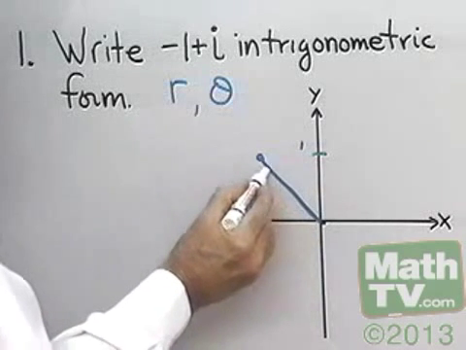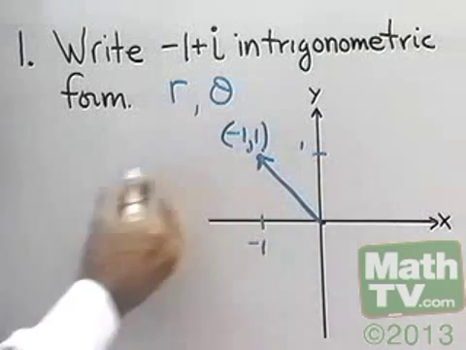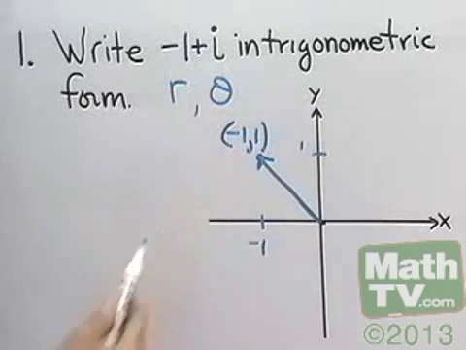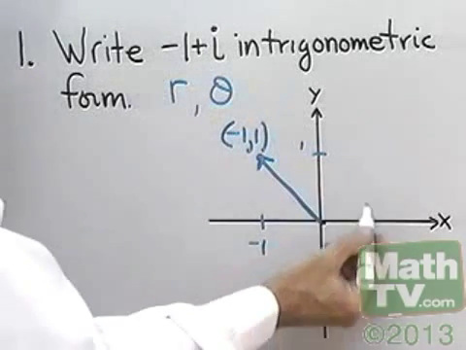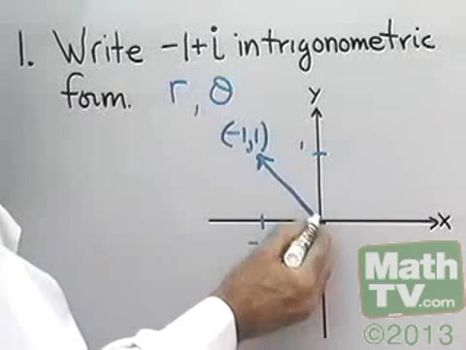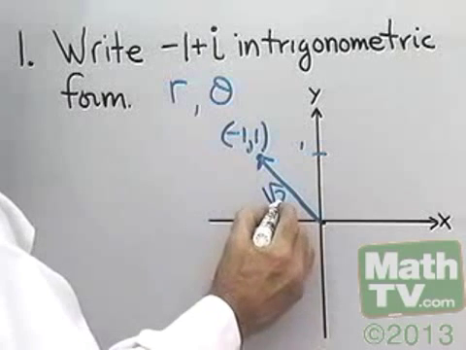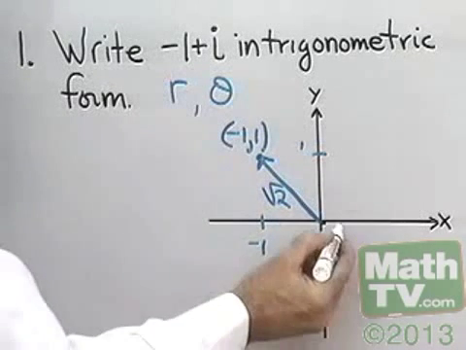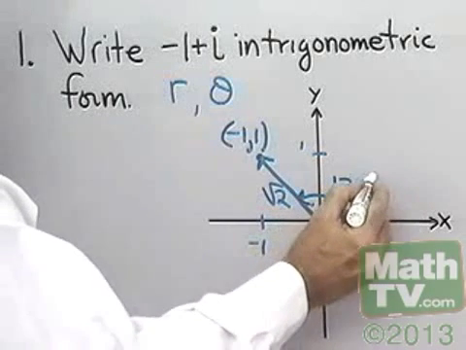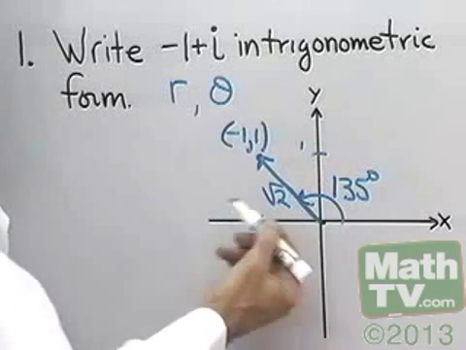This vector that goes from the origin out to the point (-1, 1) is the graph of the complex number -1 plus 1 times i. Well, I know from simple trigonometry and the distance formula that the distance from the origin out to the point (-1, 1) is going to be square root 2. I also know that this angle right here must be 135 degrees because this vector goes right in between the two axes there.